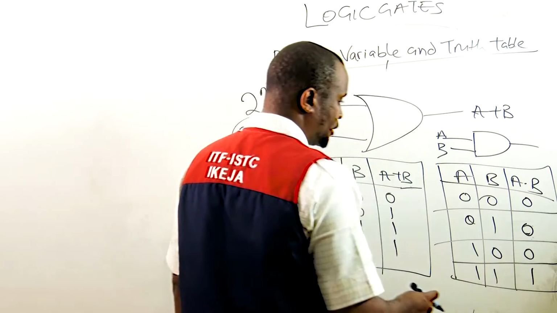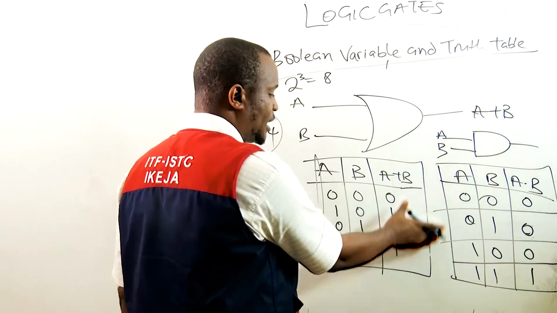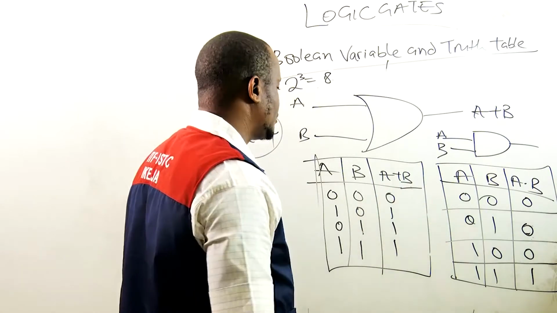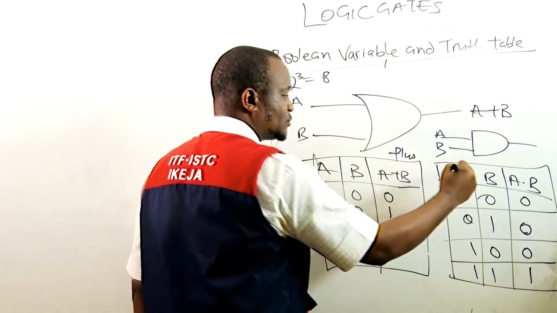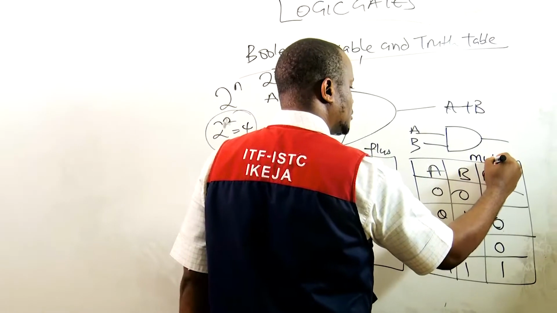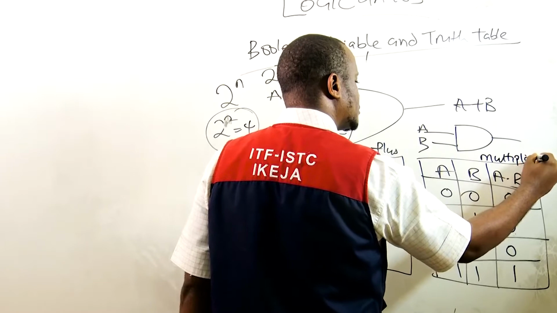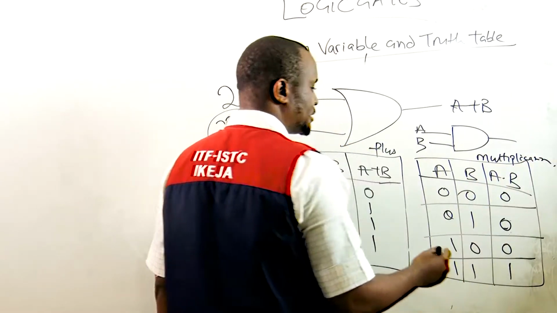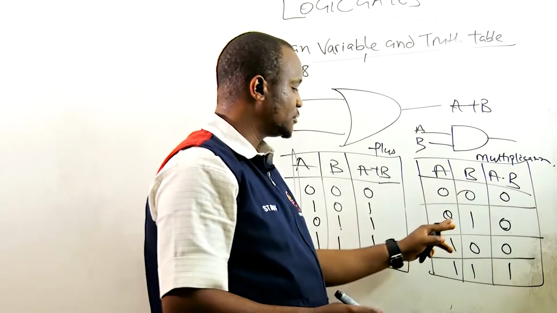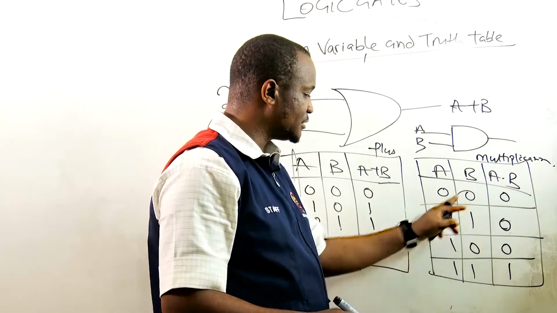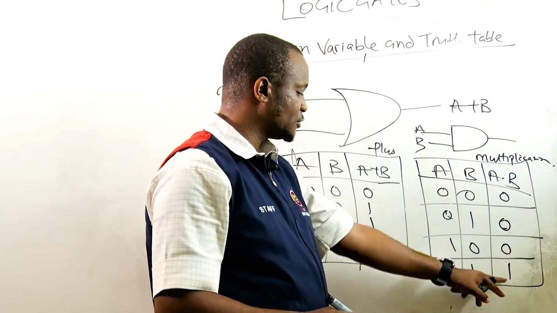1. So one can liken this to our normal algebra in mathematics, where we see this as plus, and this one as multiplication. That's times. So you can say 0 times 0, 0 times 1. Of course, anything that is times by 0 is always 0. 1 times 1 is 1.